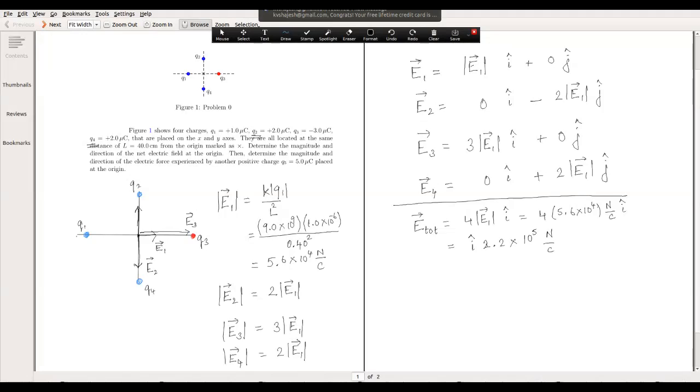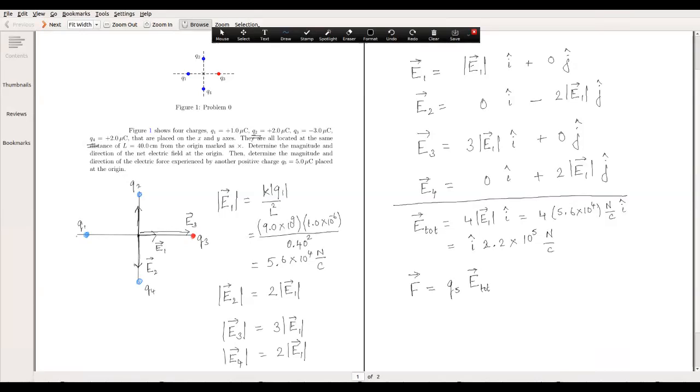Having known the electric field there, it is easy to find the force exerted on a fifth charge placed there, and that's the next question. Determine the magnitude and direction of the electric force experienced by another positive charge Q5. Let's call that force F5. So force is equal to Q5 times the total electric field at the origin.